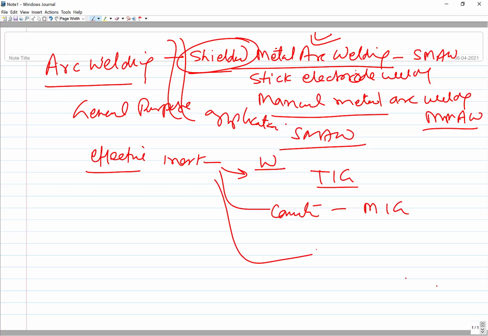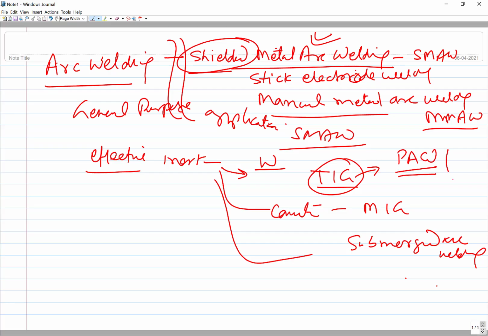When molten flux is used to provide the shielding, this is called submerged arc welding. And an advanced variant of tungsten inert gas welding is when the arc is passed through a very small size nozzle so that the arc is constricted. Then it is called plasma arc welding. So there are various arc welding processes.